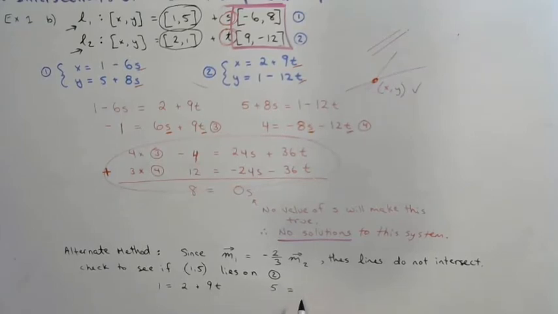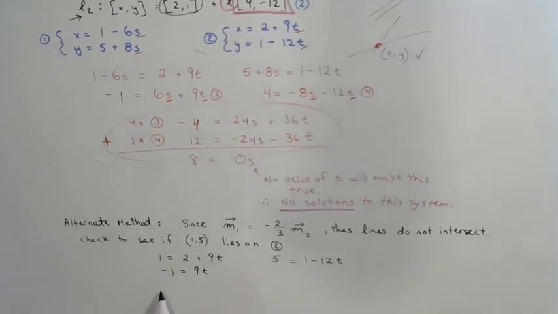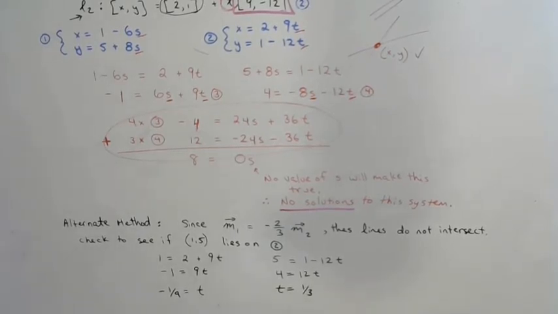Sorry, rewriting it over here. 5 equals 1 minus 12t. So solve for t over here. Subtract 2 from both sides. Divide by 9. t equals negative 1 over 9. Let's see what it equals over here. We're going to subtract 1 from both sides. Divide by 12. t equals negative 1/3.